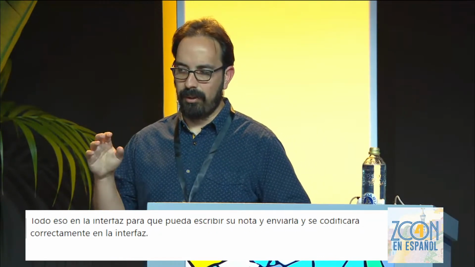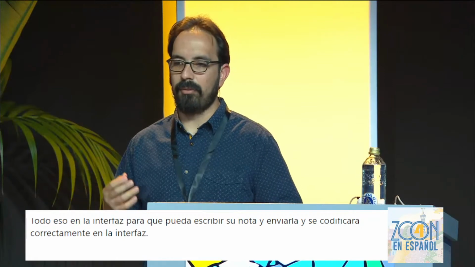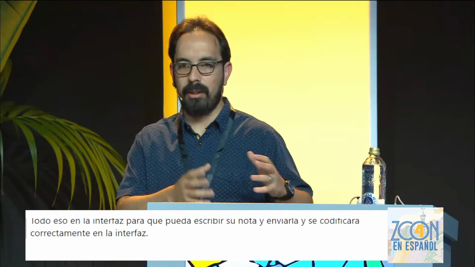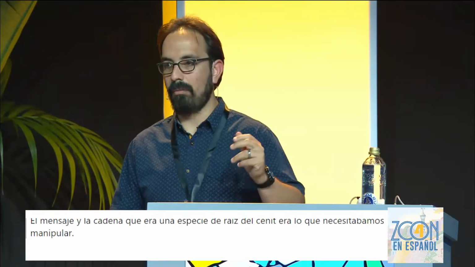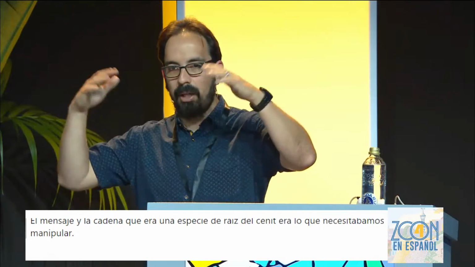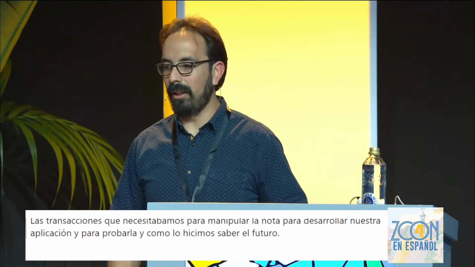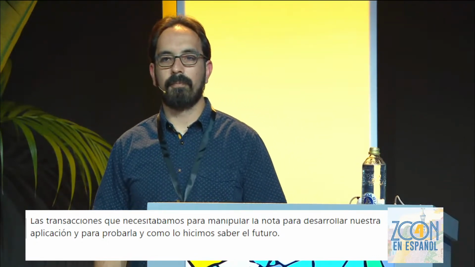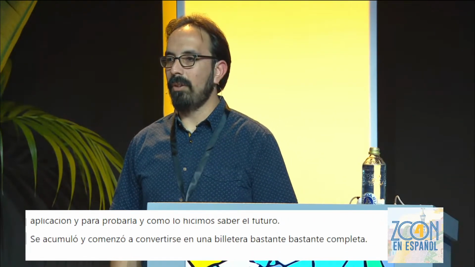That was the root of Zenith. We needed to manipulate transactions, we needed to manipulate the node to develop our application and to test it. And as we did, the features started piling up, and it became a fairly complete, though simple wallet. So that was the motivation.